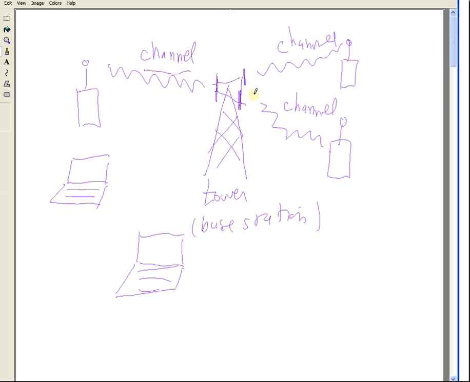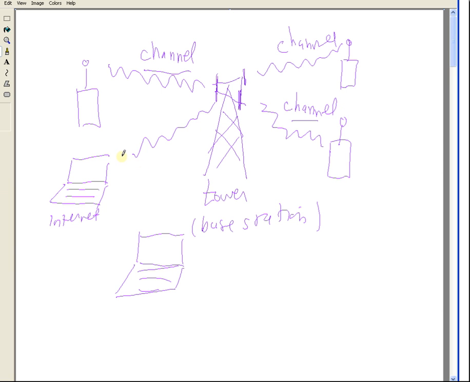The problem with that model is that it's limited. If I want to use internet over the wireless network, so here I have my laptop. I'm using internet here. Now, if I have my own channel, then most of the time that channel is going to be unused.